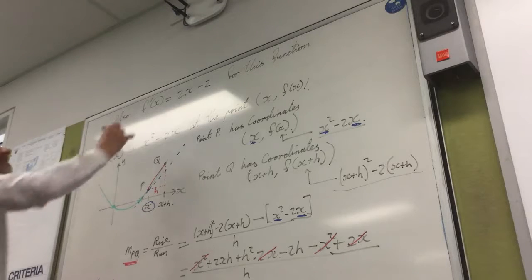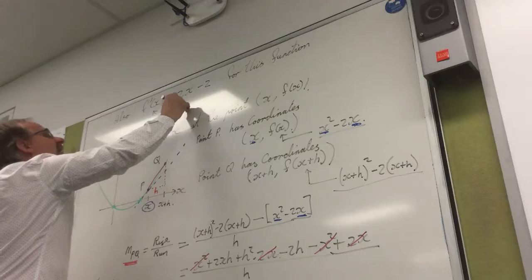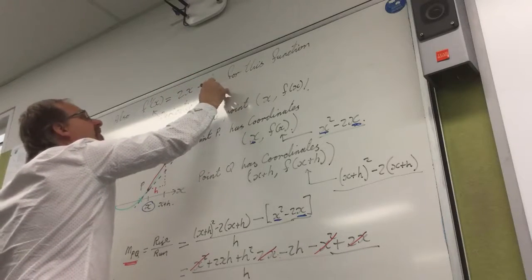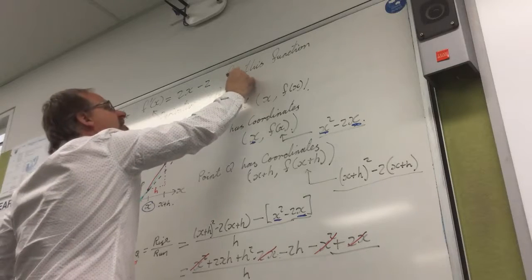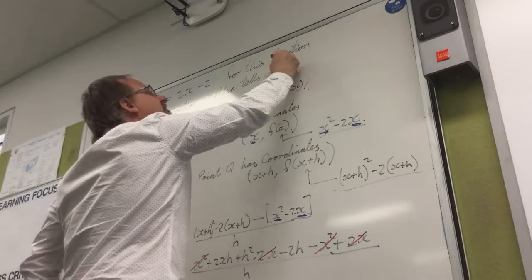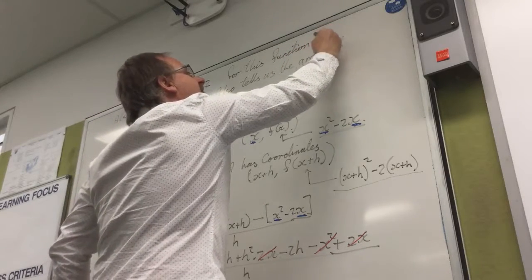The f dashed x is the derivative, which also tells us the gradient of the tangent.